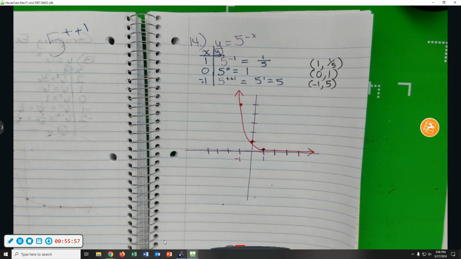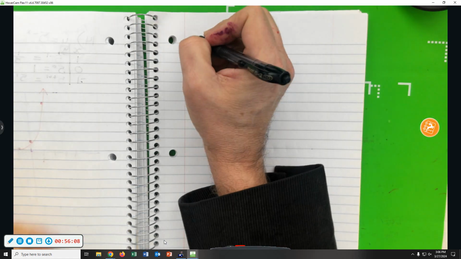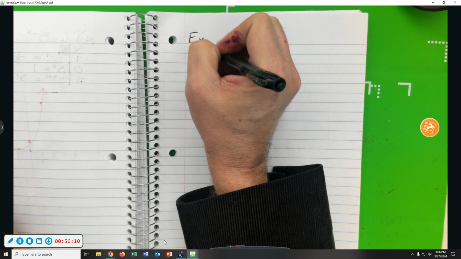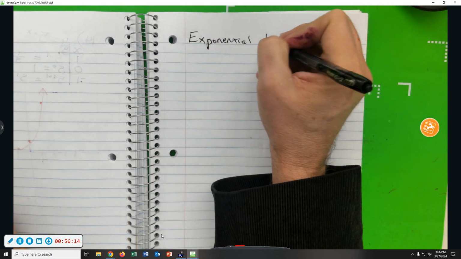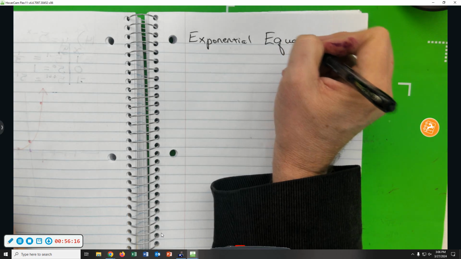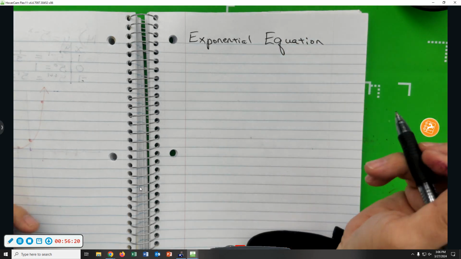Exponential equations. An exponential equation, just like an exponential function, is one where the variable is in an exponent. An exponential equation is an equation where the variable is in the exponent.